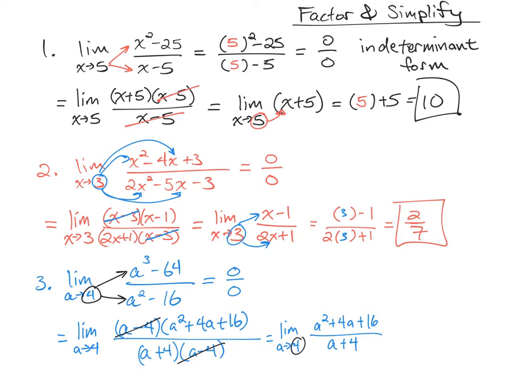And when you directly substitute this 4 in for all of the a's now and simplify it all down, you will get that the limit is equal to 6. And again, just to bring this idea back to thinking in terms of a graph, as the graph approaches 4 from the left and from the right, the y values are getting close to 6.